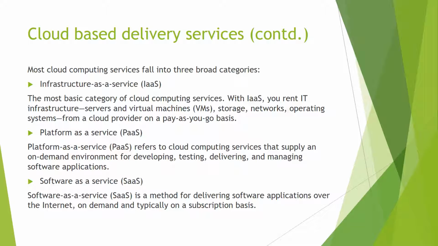With infrastructure as a service, you rent IT infrastructure from a cloud provider on a pay-as-you-go basis. Platform as a service supplies an on-demand environment for developing, testing, delivering, and managing software applications. Software as a service is a method for delivering software applications over the internet on demand and typically on a subscription basis.